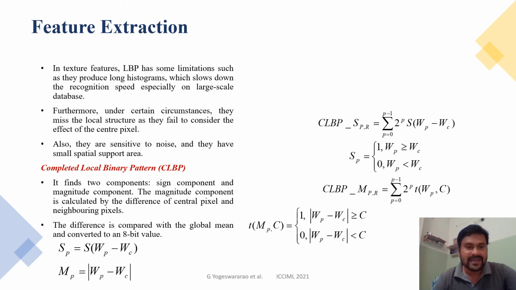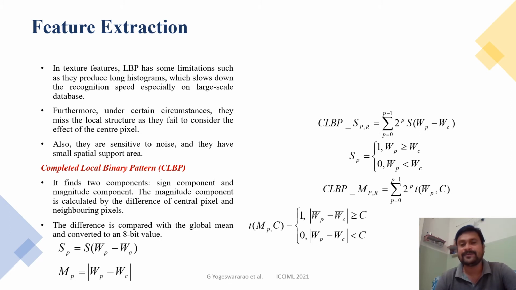Here SP and MP represent the sign component as well as the magnitude component, where WP is the neighboring pixel weight and WC is the center pixel weight. We get the sign component from the difference between the neighboring pixel and the center pixel.